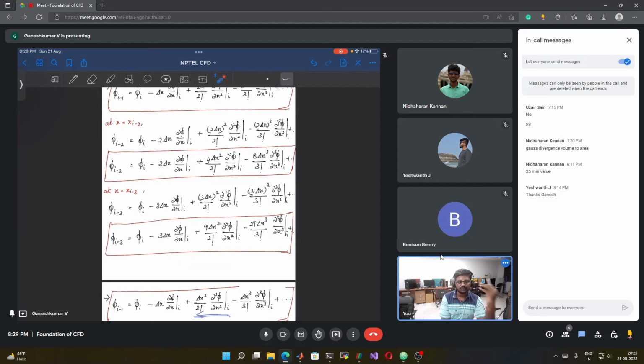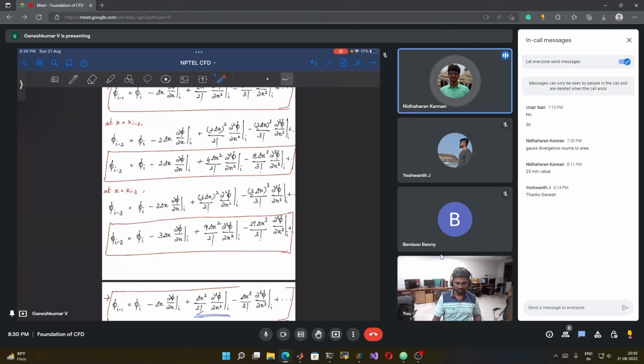I think that's what you meant by transportiveness. The only thing is you are doing an approximation, and how educated an approximation you are making is measured by stability, boundedness, all those things.